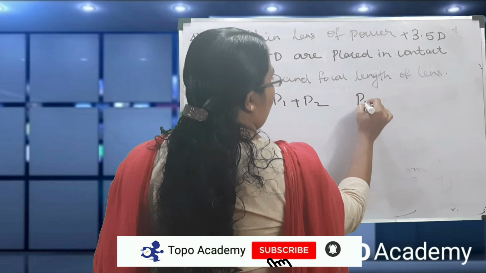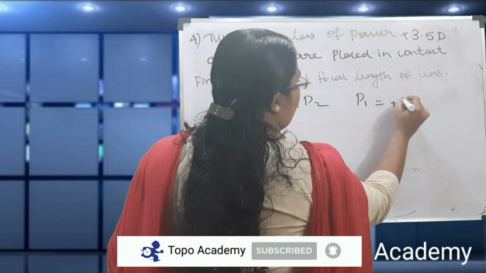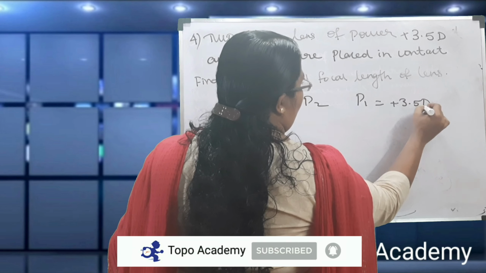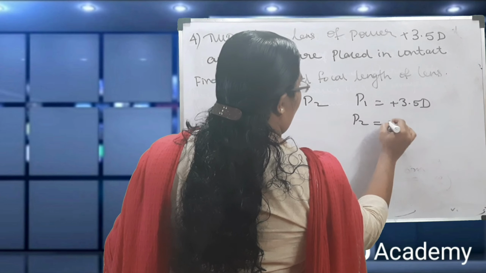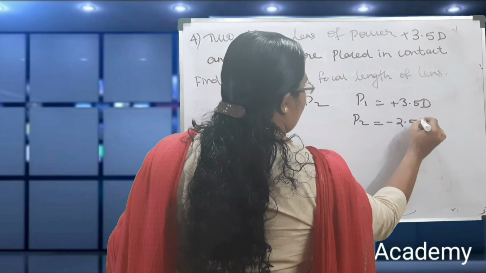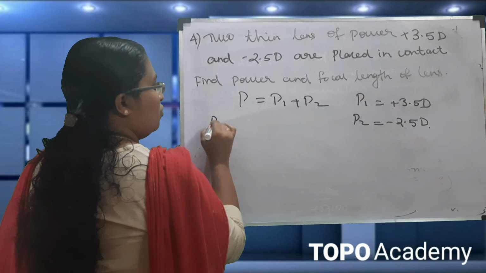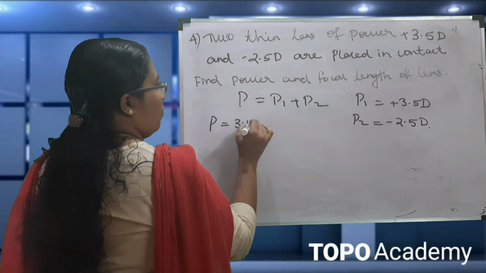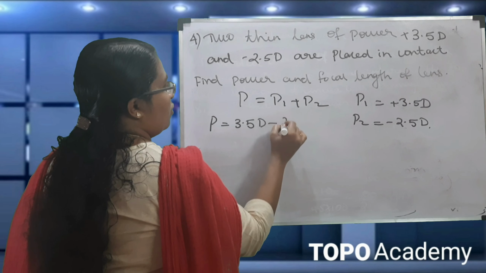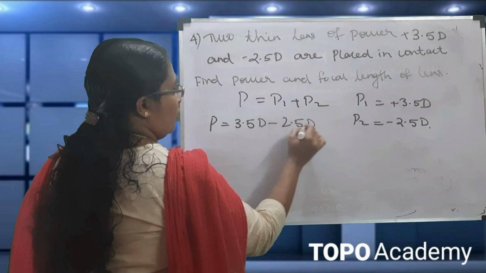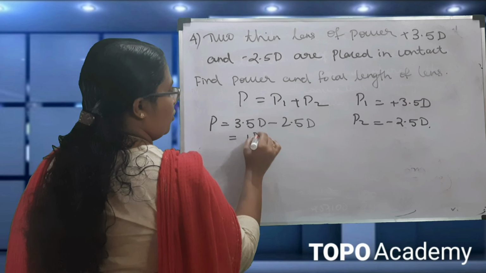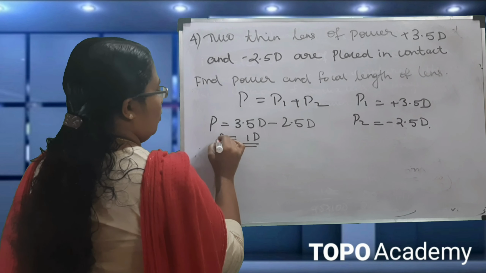P1 is equal to plus 3.5 diopter and P2 is equal to minus 2.5 diopter. So P is equal to 3.5 diopter minus 2.5 diopter, so the power is equal to 1 diopter.